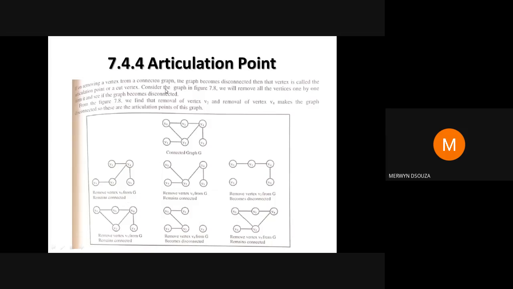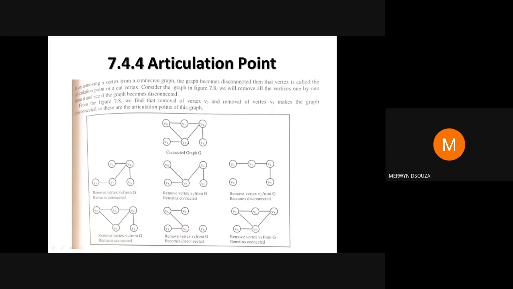Next definition is articulation point. Again, we are referring to undirected graphs only. Just like if we remove an edge and the graph becomes disconnected, in the same way, an articulation point is a vertex that, if you remove it, the graph becomes disconnected.